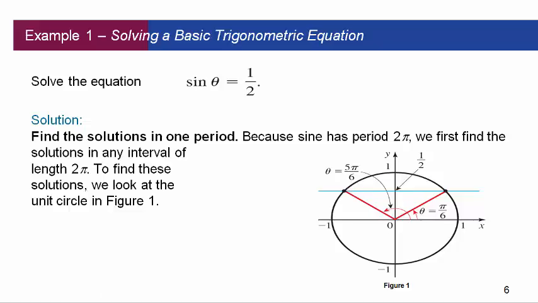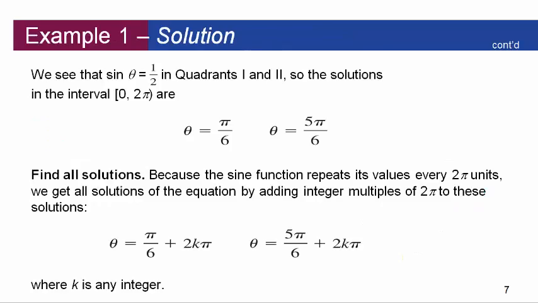Okay? So that brings us to the idea that we have an infinite number of solutions to these things. We know that the first solution is pi over 6, and that's the kind of the reference angle solution. And then the second solution within the period of the function, because the function goes from 0 to 2 pi, is 5 pi over 6. And those are the only places on one full revolution of the circle that equal a half for sine.